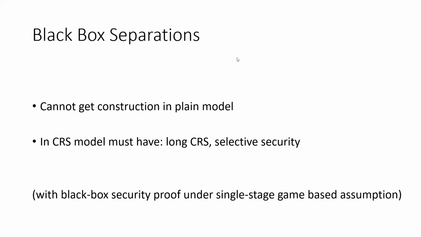You cannot do this in the CRS model, at least if you want to have a black box security proof under some simple single stage game-based assumption, some standard assumption like DDH or LWE or RSA, etc. So that in some sense shows that the constructions we have are in some sense optimal.